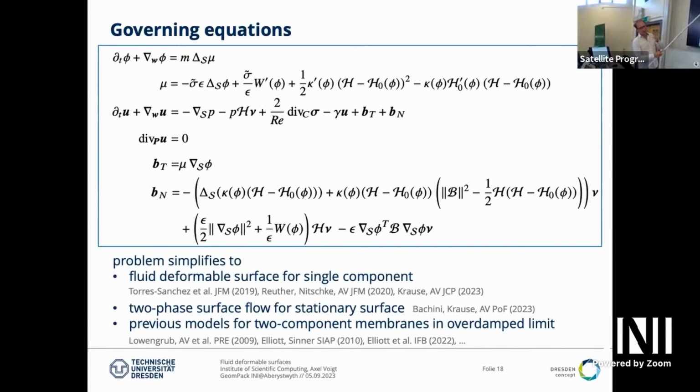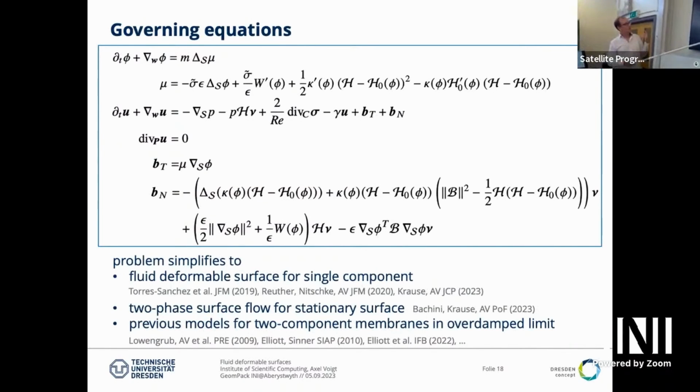We have the same density and also the same viscosity for both phases at the moment. So that looks like what we had before, now with some friction term and this bending term. This is a bit more complicated due to all these dependencies. It also has a tangential term, which comes from our phase boundary on the surface. Okay, so that's what we get. We can first simplify this: if you only have one component, that goes back to what I discussed before.